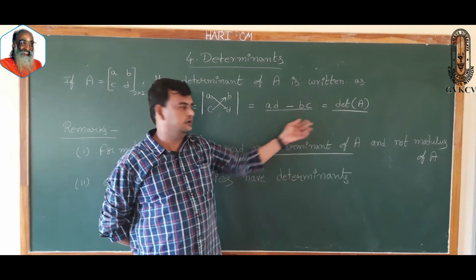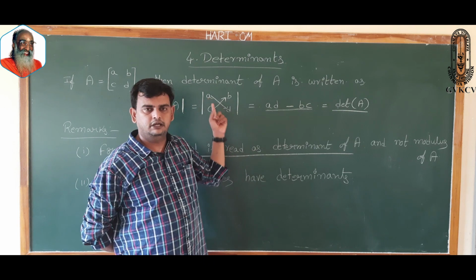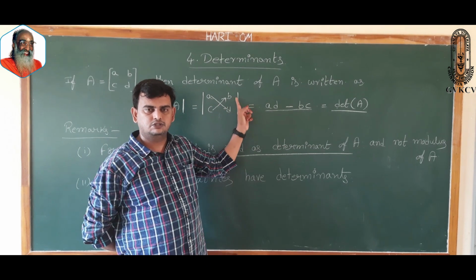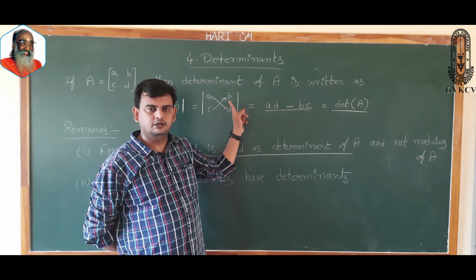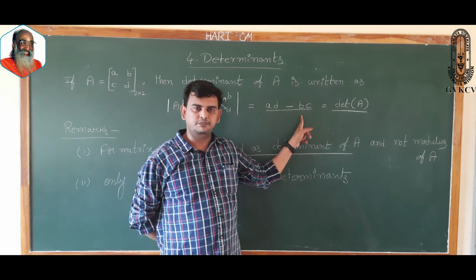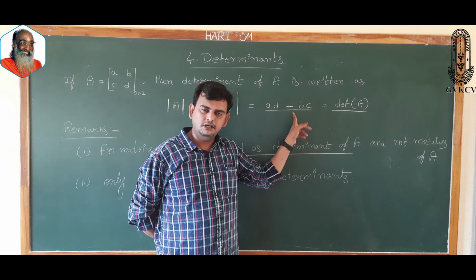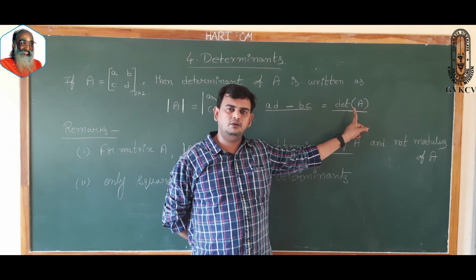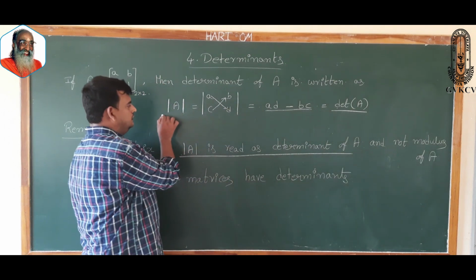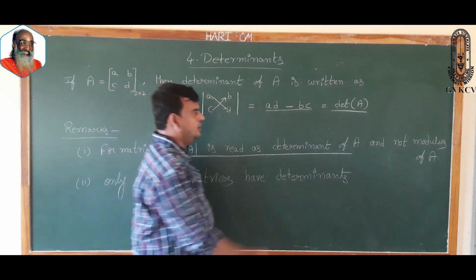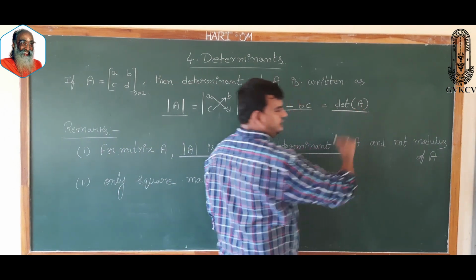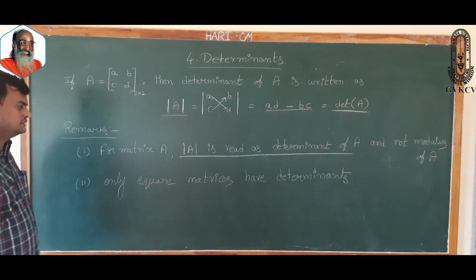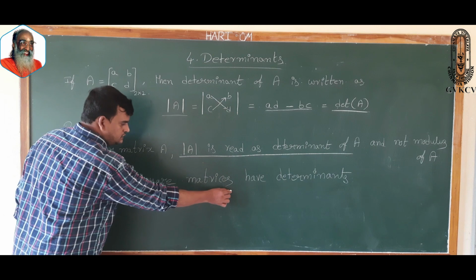To find it, first multiply the diagonal elements, A into D, minus the other two cross elements, B into C. AD minus BC gives us a constant. This constant is known as the determinant of A. We can represent it either in this form or in this form.